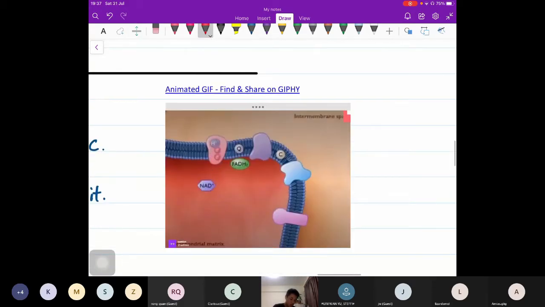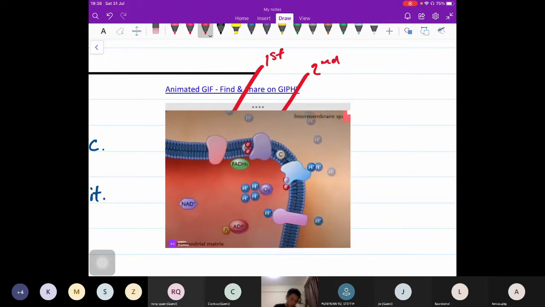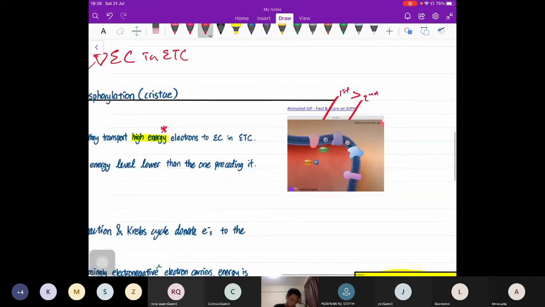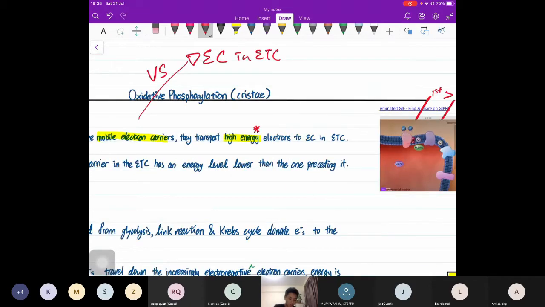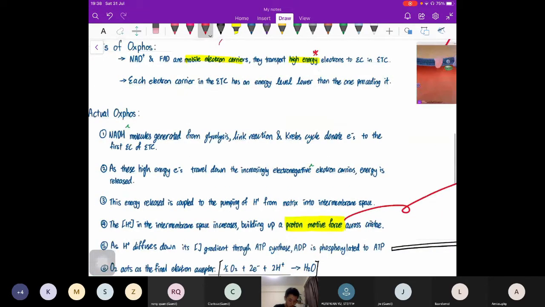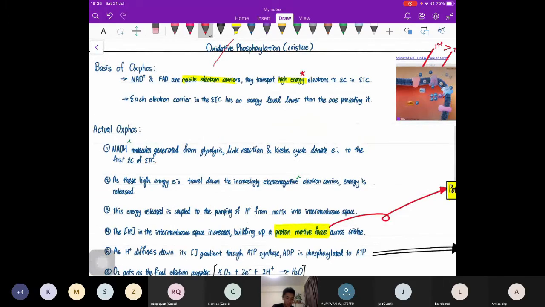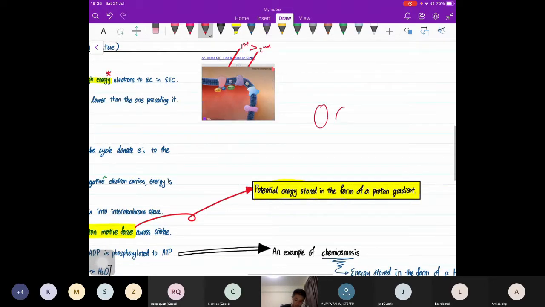if we look here, can I draw on this? If you see this one here, the first one that I pointed to, and this one here, this is the second, this is the first. The energy level is like this. And why it has a lower energy level is because it gets increasingly electronegative. Your electron carriers, your first, second, and third, energy level decreases.